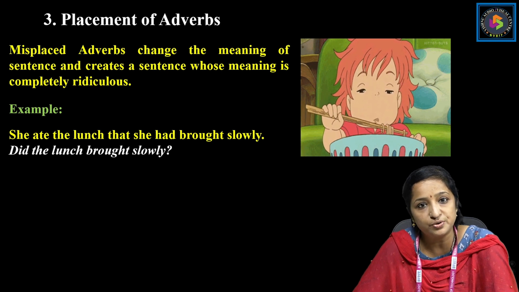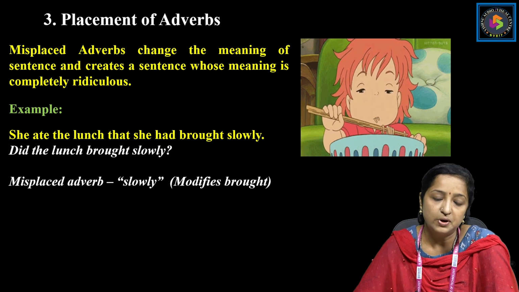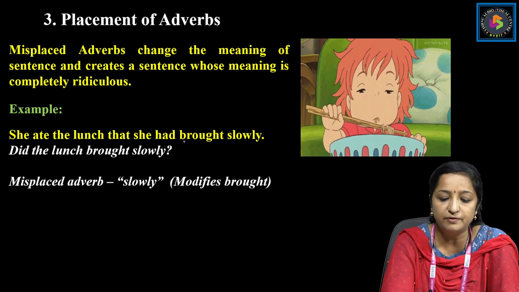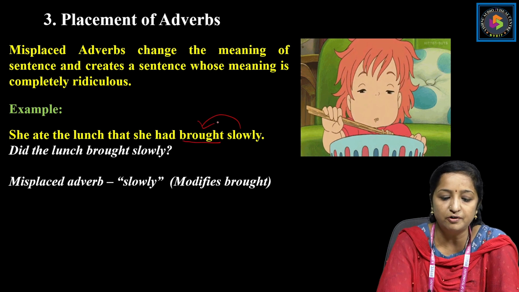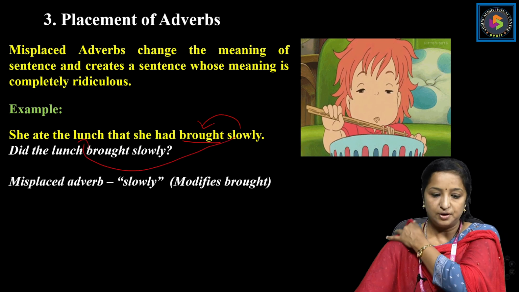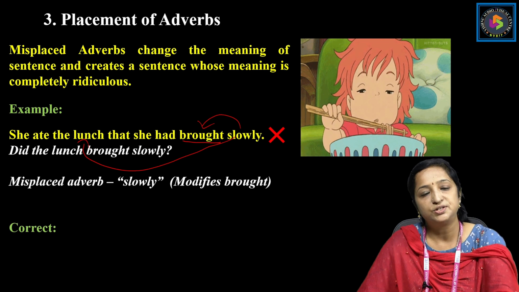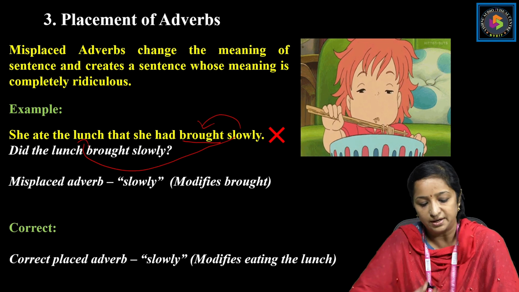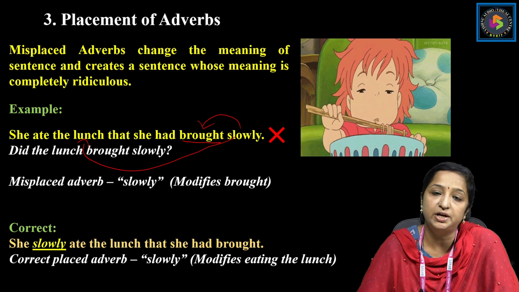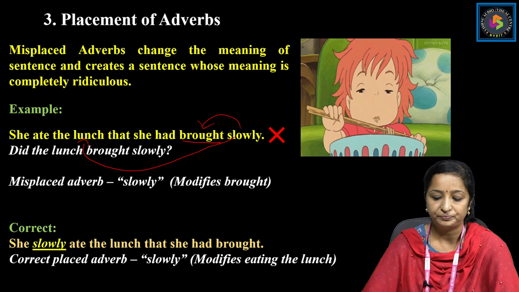Was the lunch brought slowly? No. Here the misplaced adverb slowly is modifying brought instead of modifying ate. So, the correct one is, she slowly ate the lunch that she had brought.